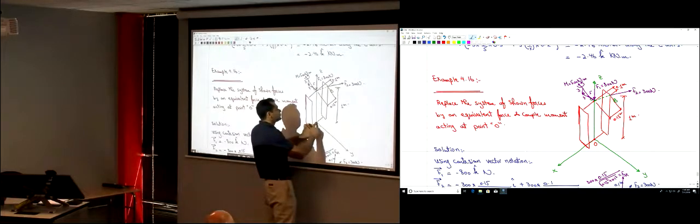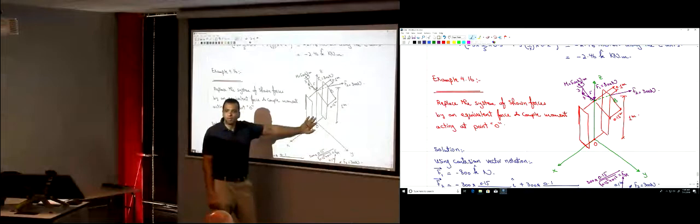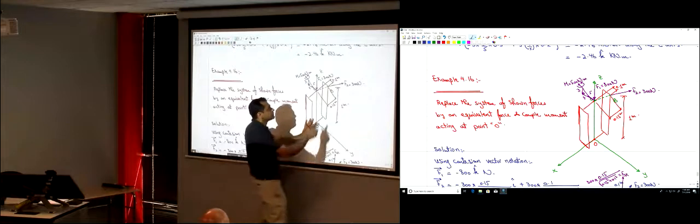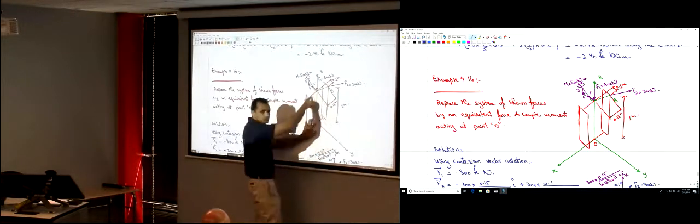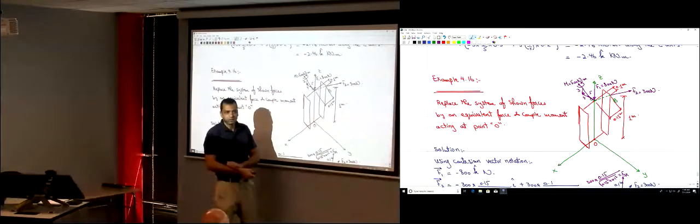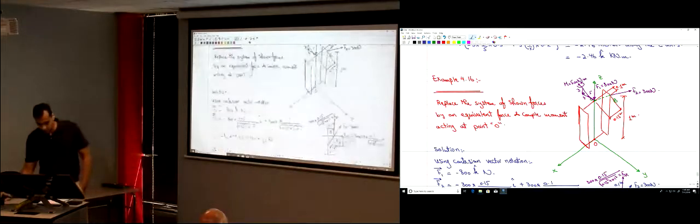I can have the position vector from O to B. That's what many students do, because they think that you have to multiply by the vector to the point where the force is applied. No, any point along the line of the force. So B or C, which is easier? C, because it's going to have fewer components. So RC cross F2.